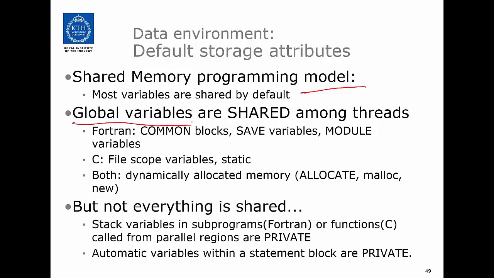These are variables that are defined as file scope variables in C or static, but they could also be variables that are dynamically allocated with malloc or new or anything else. Could also be variables that are declared outside the parallel region in the same function as the parallel region.